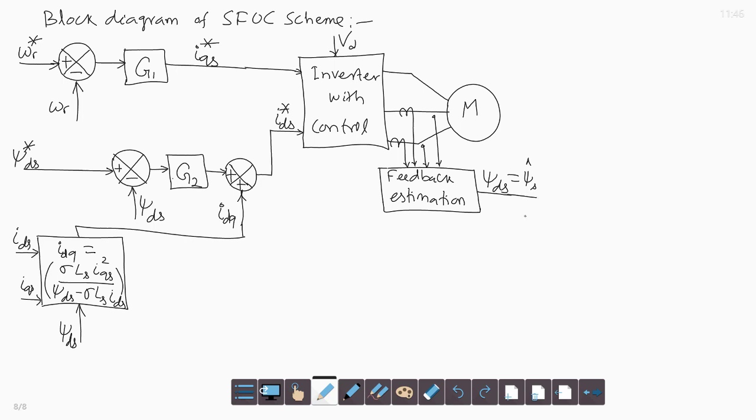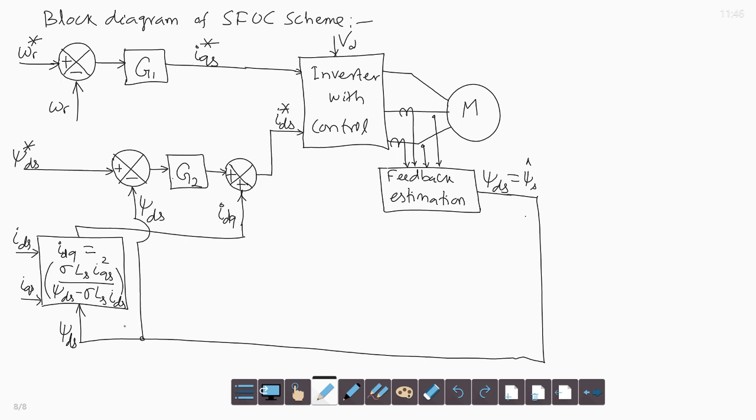This estimated flux is taken for the compensating network as well as for the flux control.